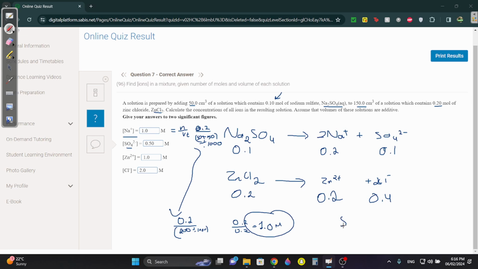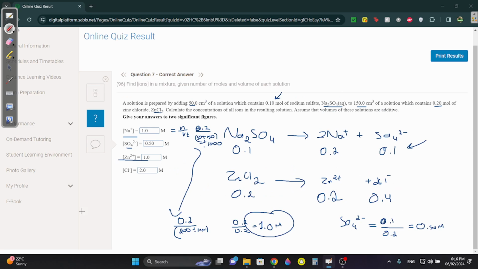SO4 2-: the moles of SO4 2-, which is over here 0.1, over the total volume, which is 0.2. We got it from this, so you don't have to find it again. You get 0.50 molar.